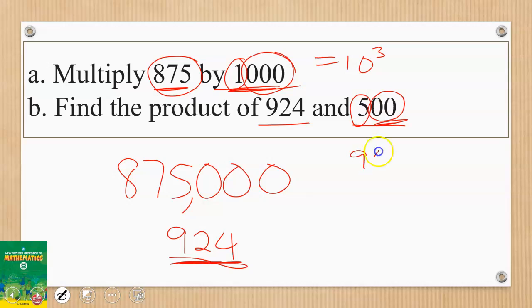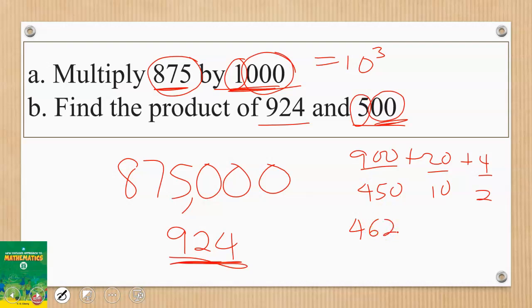So I have 924. That means 900 plus 20 plus 4. If I divide here by 2, I know I'm going to have 450. Divide here by 2, I'll have 10. Divide here by 2, I have 2. When I add these three numbers, I'm going to get 462. And so that becomes the multiplication of 5 times this, and we attach 0 to make it 4,620.